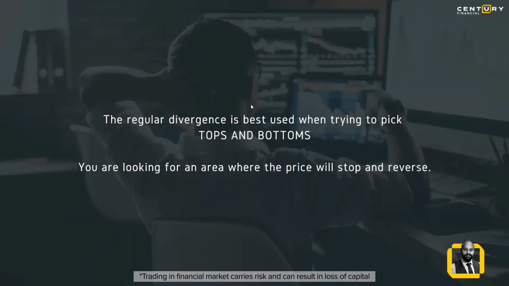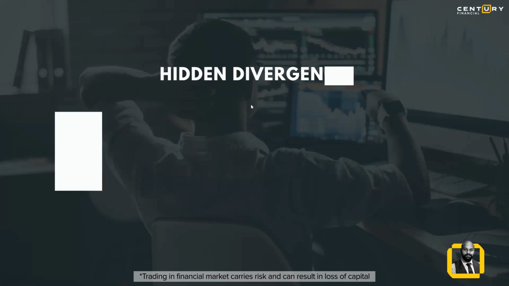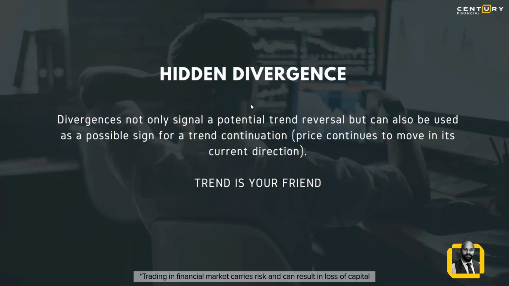Now, the regular divergence is best suited to use when you're trying to pick a bottom to buy or you're trying to pick a top to sell. Hidden divergence. While we were looking at a regular divergence, we were looking at divergence that can help us identify a reversal in trend.